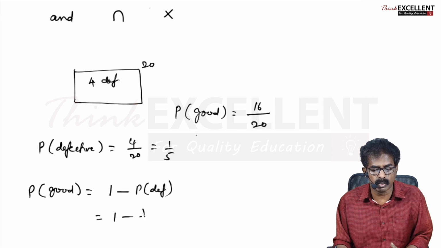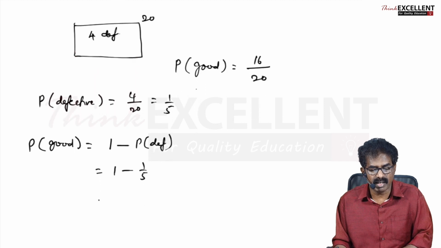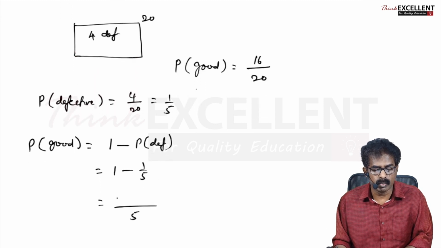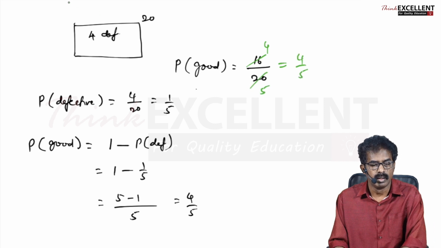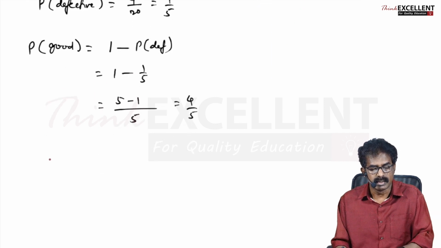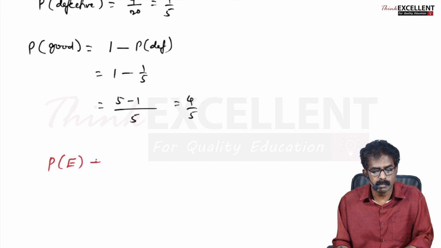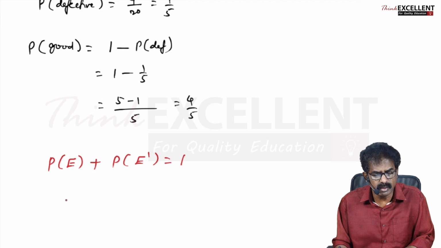So 1 minus 1 by 5. If we take 5 as LCM, 5 into 1, 5 minus 1, your answer is 4 by 5, right? Here also you are getting 4 by 5 only, no? So if you cancel, this is 4 and this is 5, 4 by 5. So here also we are using the same result, probability of an event plus probability of its complement. The answer is what? 1.